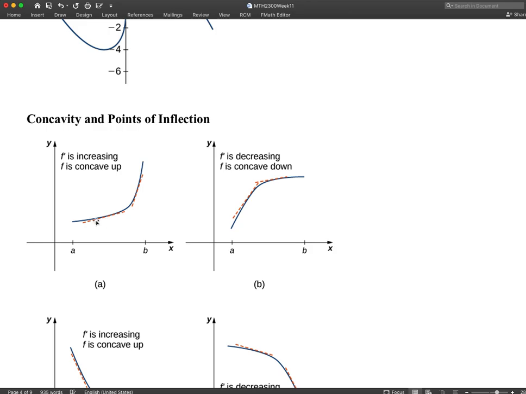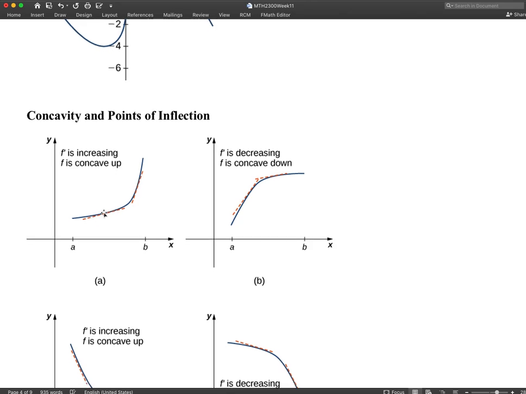The graph, we said, is increasing and opens upward, right? And if you also track the tangent line closely, you can see the tangent line is getting steeper and steeper, goes up faster, which means the derivative itself is increasing.